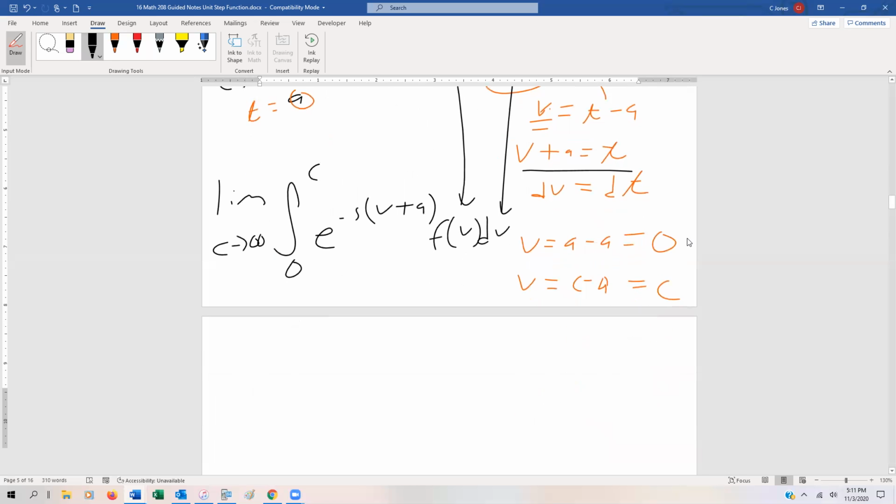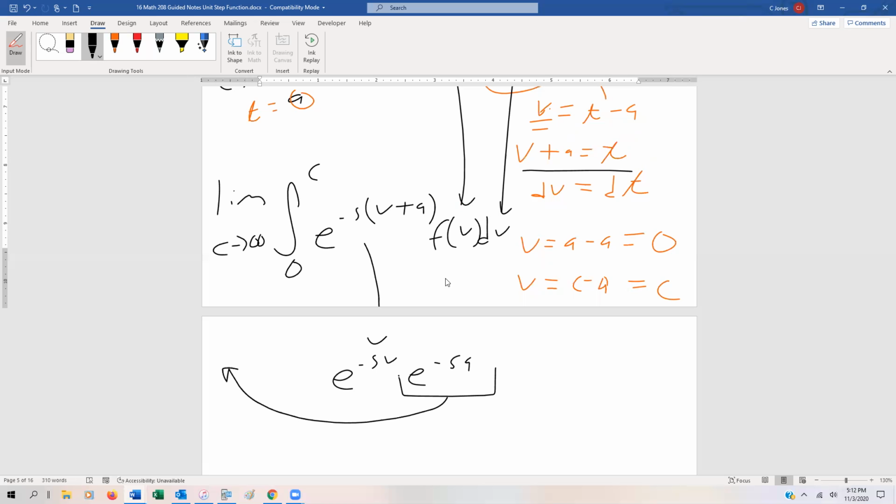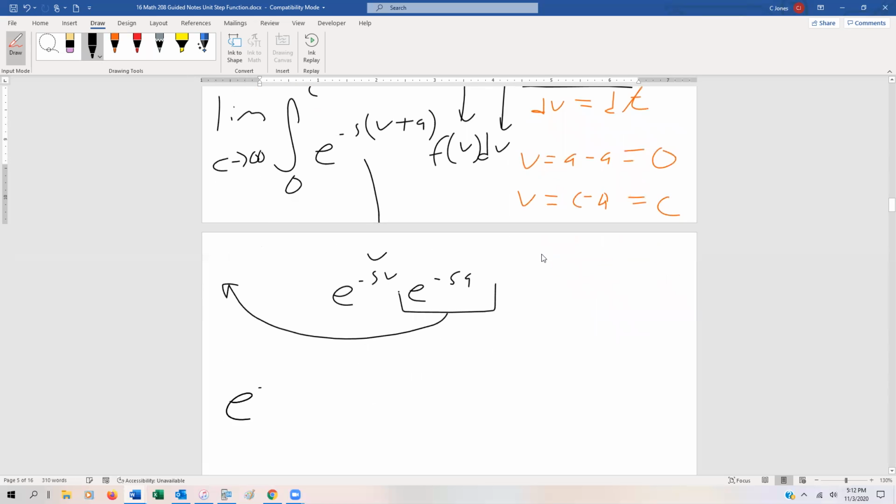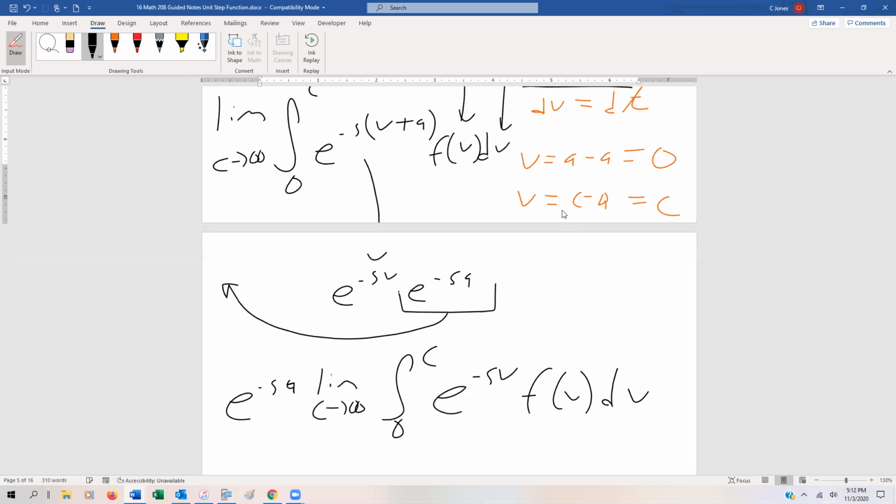Now, a really cool trick with this one is that we can distribute the minus s, and that's going to become e to the minus sv times e to the minus sa. And this is just a constant, so we can factor it to the outside of the integral. And so we can rewrite this as e to the minus sa times the limit as c approaches infinity of the integral from 0 to c of e to the minus sv times f(v) dv.